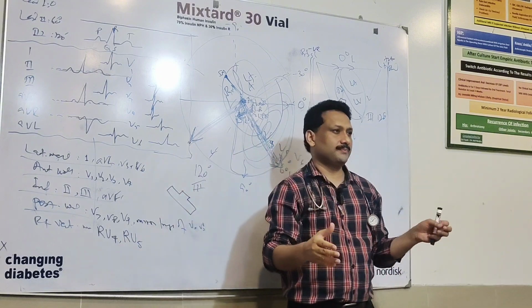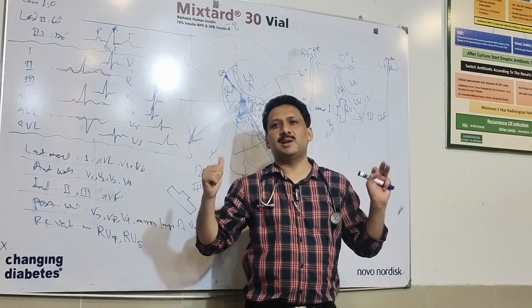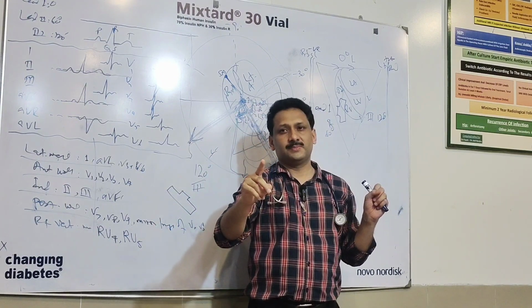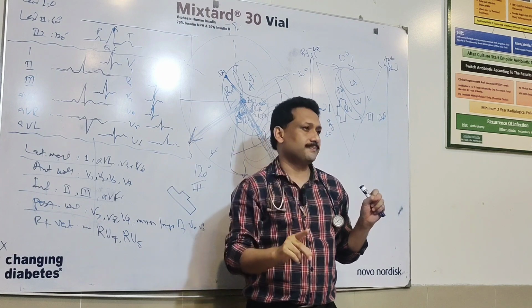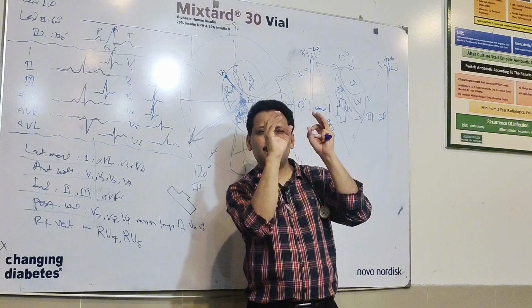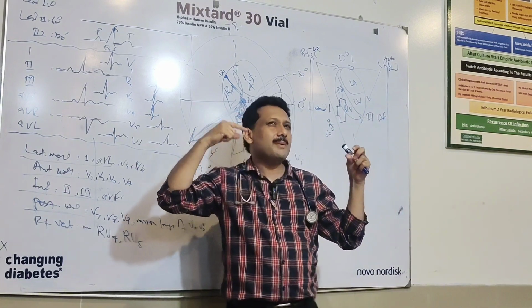Take home messages are basically 3 to 4 things that are very important up till now. The first one, the most important one: a lead is like a camera. This message should always be in your mind, because whenever somebody asks you a certain question, that camera thing will come to your mind.